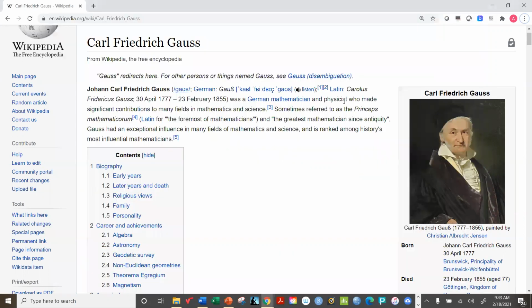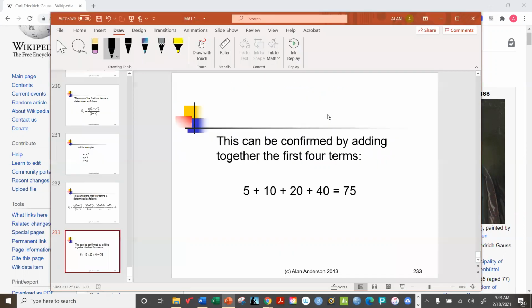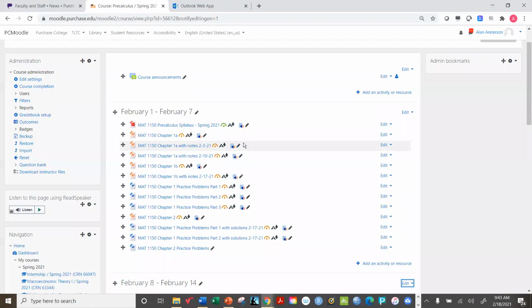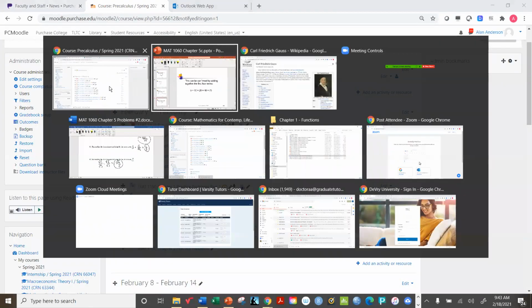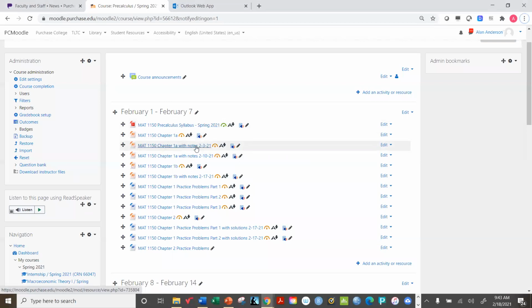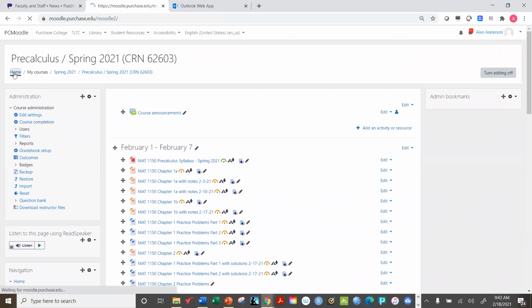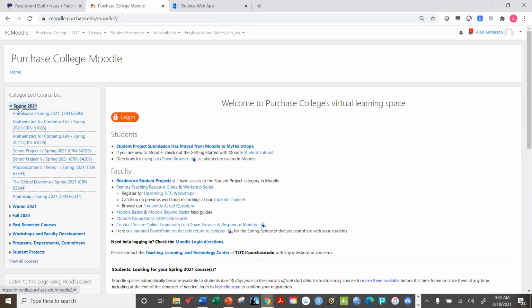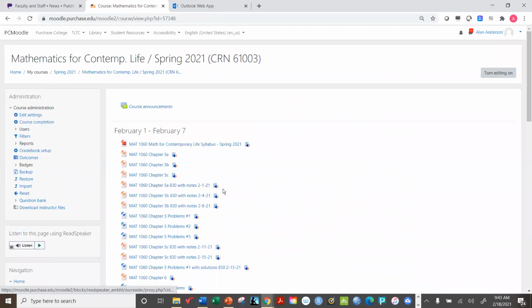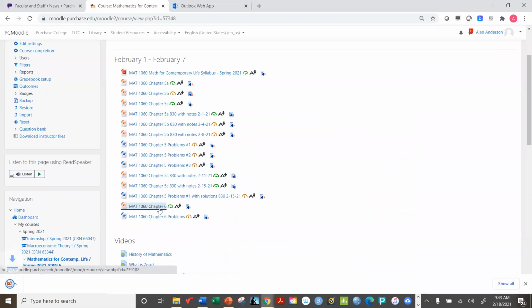There's our old friend Carl Gauss again. All right, don't forget that name. So what am I doing here? This is pre-calc. What am I doing? So 6 is kind of an extension of 5.